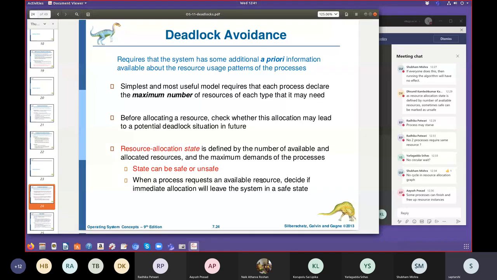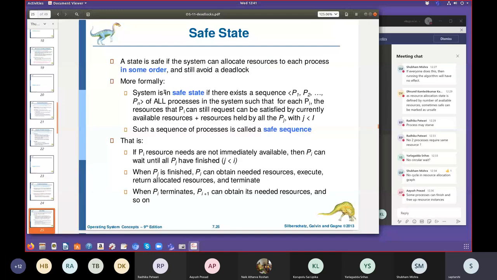Okay, let's formalize this. I think it will be clear. So basically, a state is safe if the system can allocate resources to each process in some order and still avoid a deadlock.